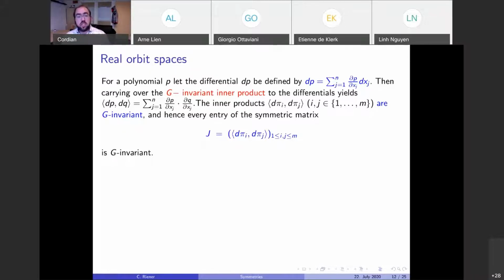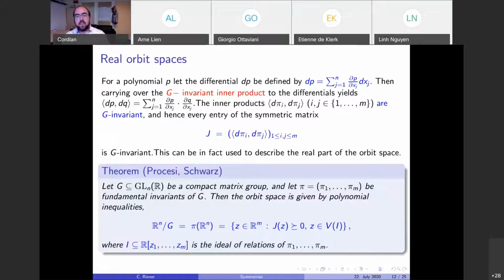This is then a G-invariant matrix polynomial, because the entries are polynomials that are invariant with respect to the group, so I can represent them with my pi1 to pi m again. And this is in fact used to describe the real part of the orbit space. Namely, there's a theorem by Procesi and Schwarz from the 80s that tells you, this even works for complex matrix groups, but in our setup, of course, a finite group is also complex.